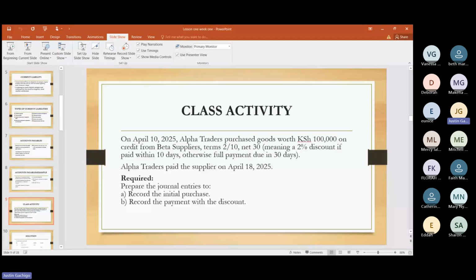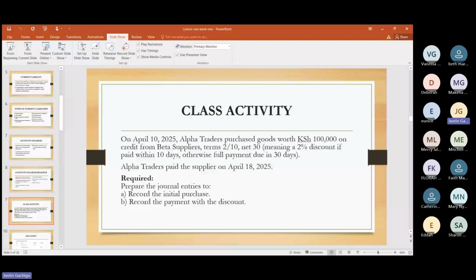Otherwise, if you pay after more than 10 days, there will be no discount. So, a 2% discount within 10 days, otherwise full payment. Alpha Traders paid the supplier on April 18, 2025. So you are required, one, to record the initial purchase.